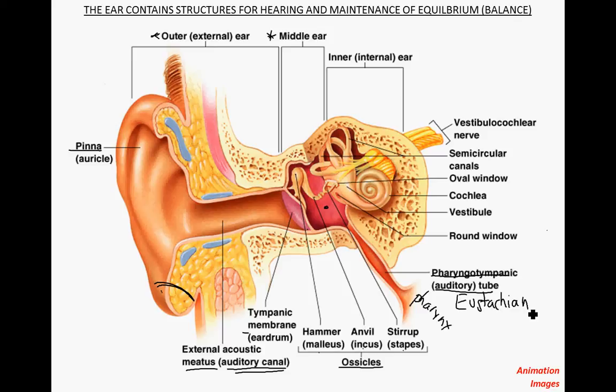Normally this Eustachian tube or pharyngotympanic tube is closed, and so if the air pressure inside here is different than the air pressure on the other side of the tympanic membrane, it may cause you to feel like your ears have to pop.